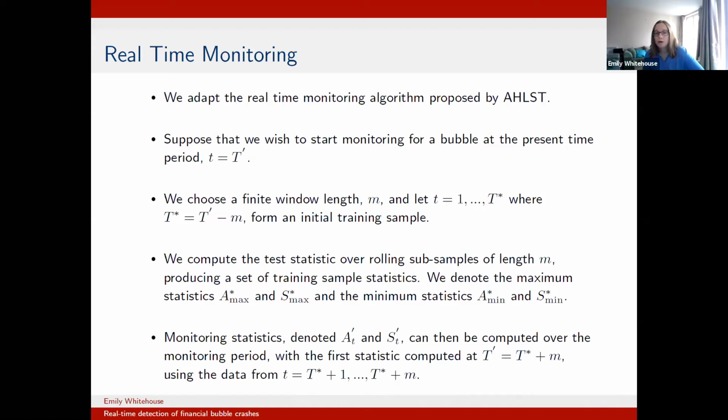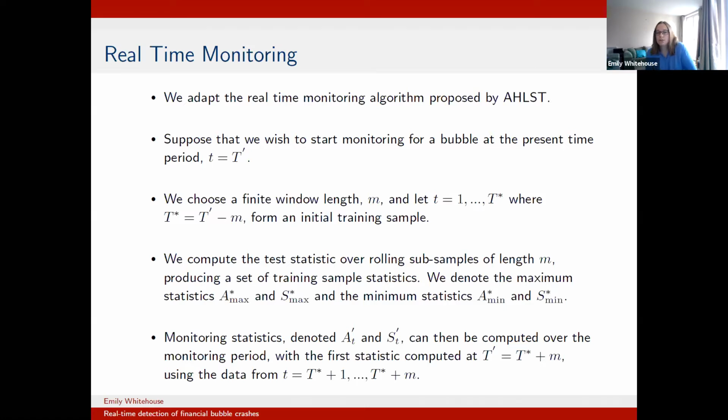And I'm going to compute our test statistic over rolling subsamples within that training sample. So we get a whole bunch of training sample statistics. And we're going to find the maximum statistic and the minimum statistic within that training sample, and they essentially become our critical values. So you can see I'm labeling those A star max and A star min, and equivalent for the S statistic as well.